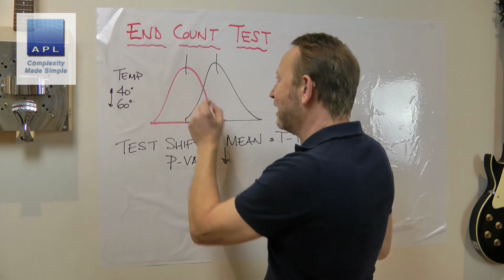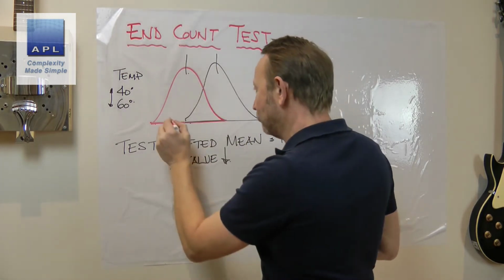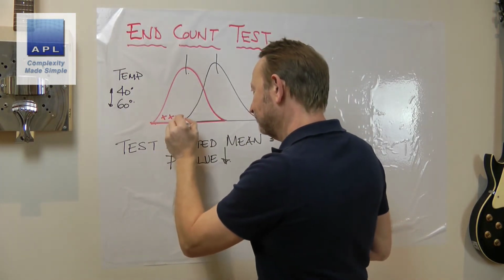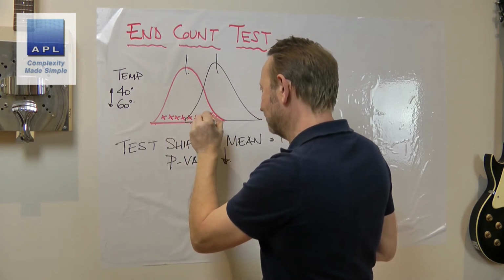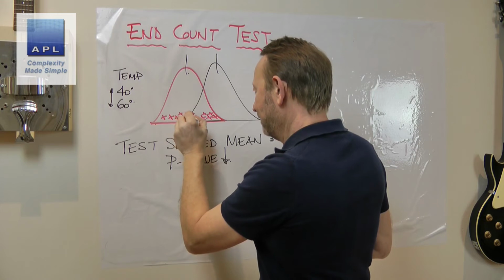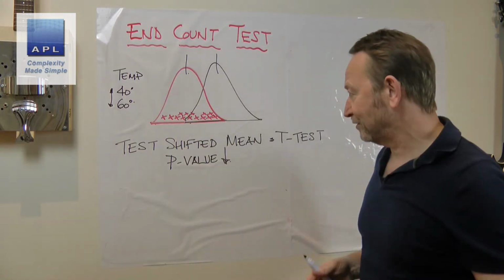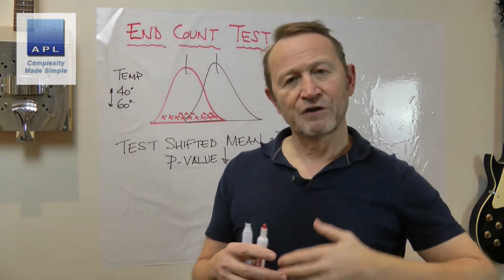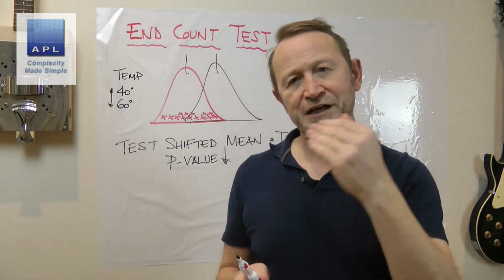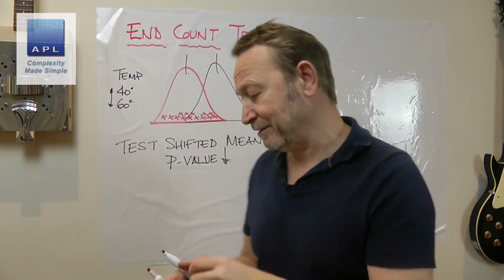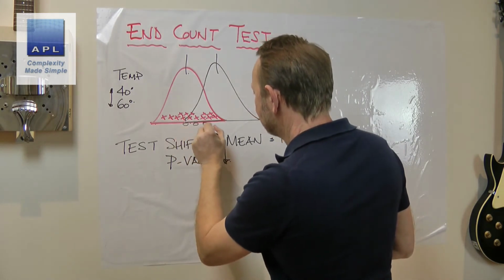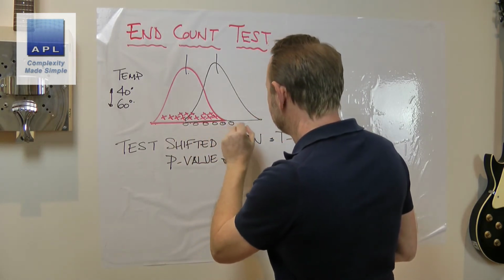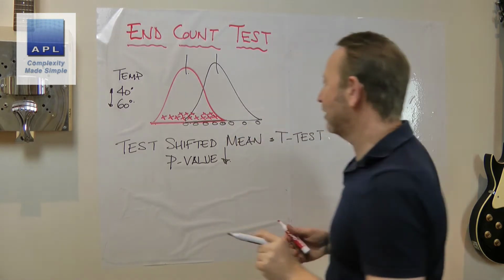You just take the data from the red distribution and you just mark it on the scale. Okay, so I don't know how many data points you might have. Let's say it looks like that. Then on the same scale, you take the data from the black distribution and you mark it on the scale.